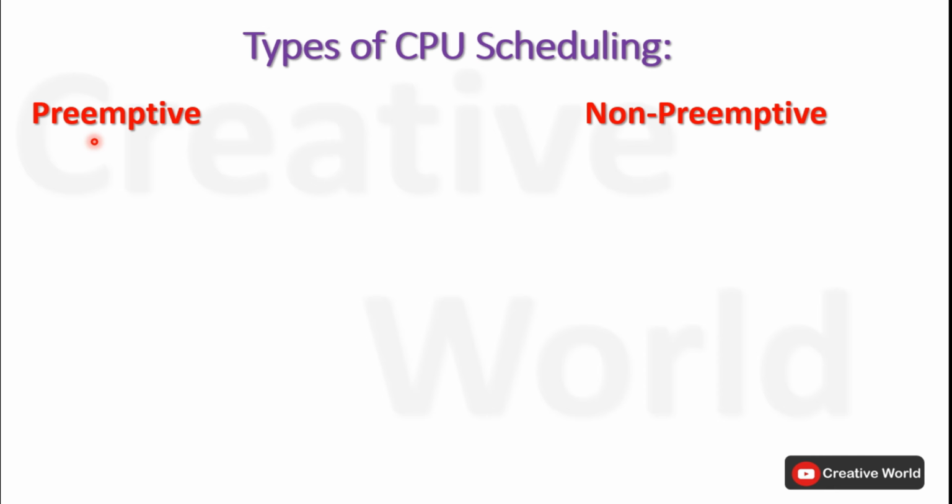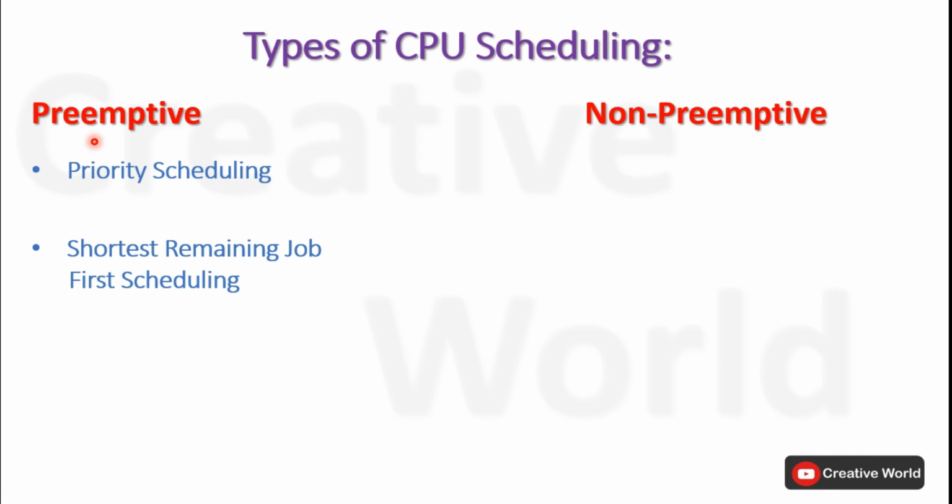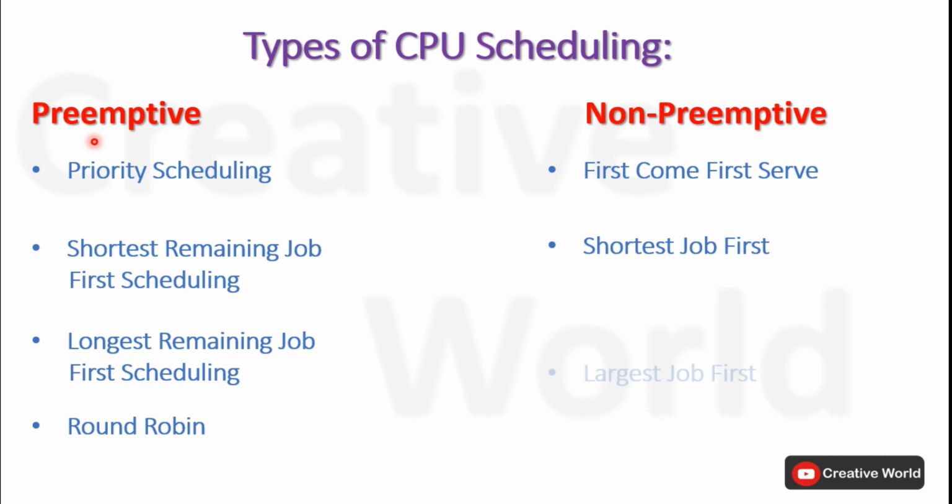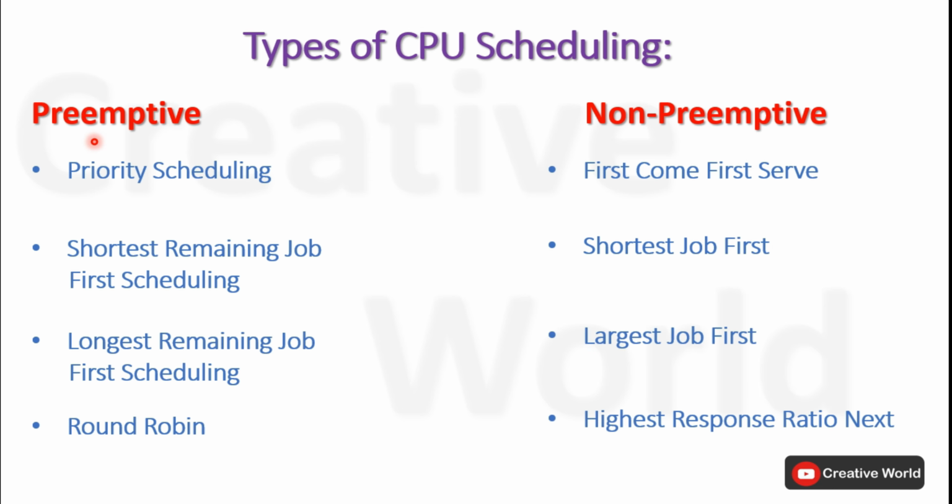Preemptive type algorithms are priority scheduling, shortest remaining job first scheduling, longest remaining job first scheduling, and round robin, while non-preemptive type algorithms are first come first serve algorithm, shortest job first, largest job first, and highest response ratio next.